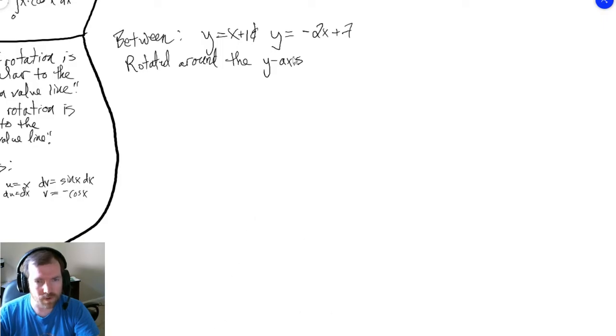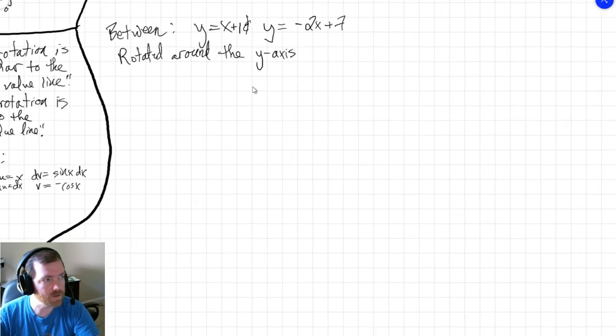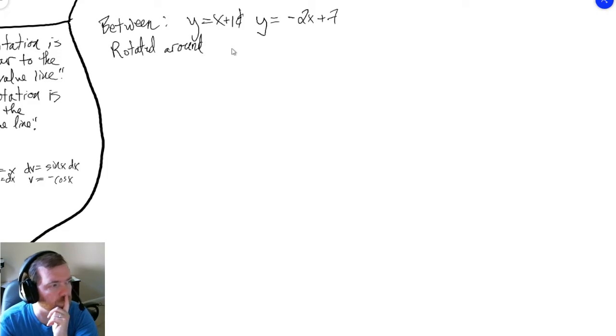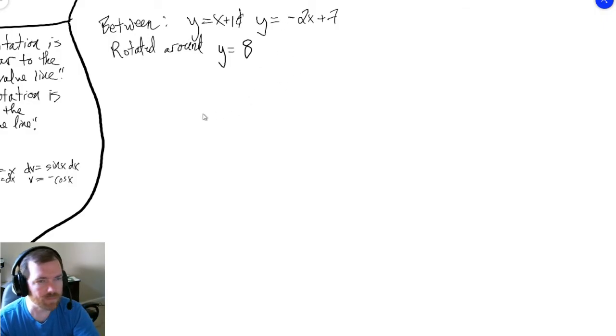And we're going to rotate this not around the y-axis. We're going to rotate this around y equals 8. Alright, so what does this look like?